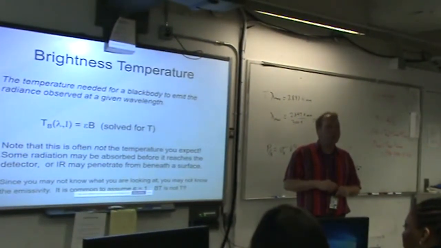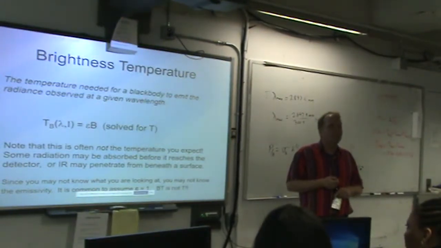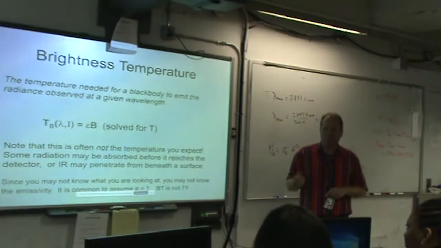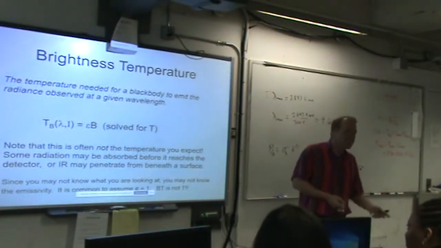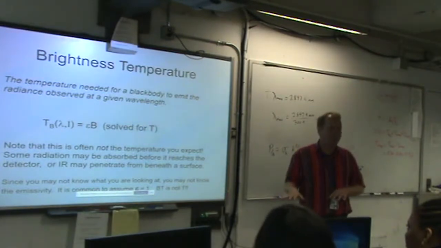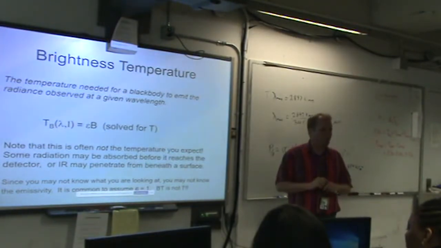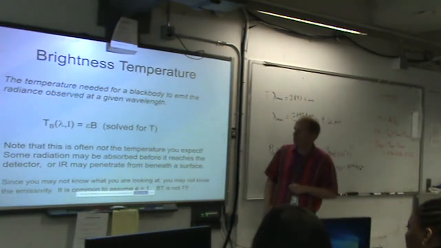This is why when we're getting temperature from a satellite, we don't say we're measuring the temperature from the satellite. We are retrieving a temperature because we're making assumptions. There may be varying qualities of assumptions, but we're usually making some assumptions when we get the temperature.